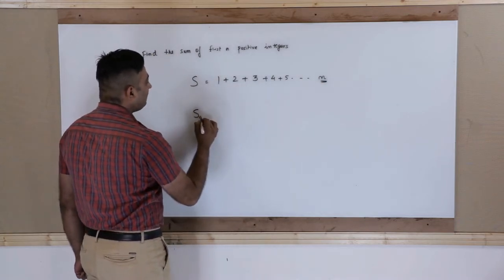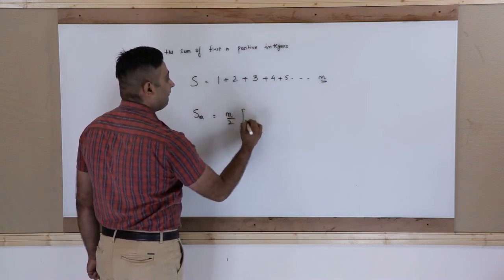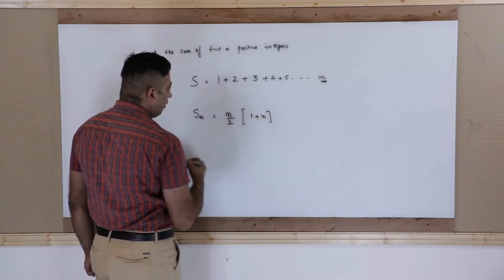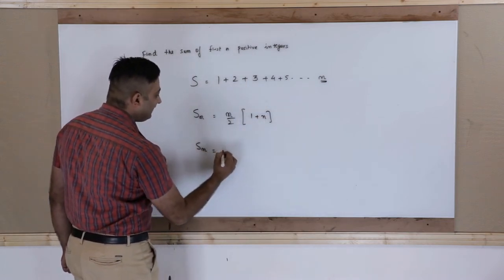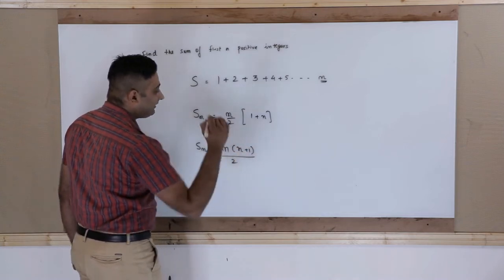So we can directly apply the formula Sn is equal to n by 2 times (first term plus last term), that is 1 plus n. Now we can use this formula directly as n into (n plus 1) divided by 2.